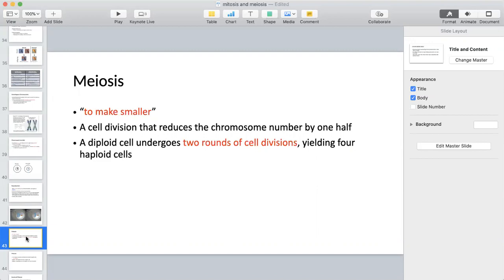Meiosis is a cell division that reduces the chromosome number by 1/2. A diploid cell, we're talking about 46 chromosomes, will undergo 2 rounds of cell division, resulting in 4 haploid cells. So let's look and see how that is done.